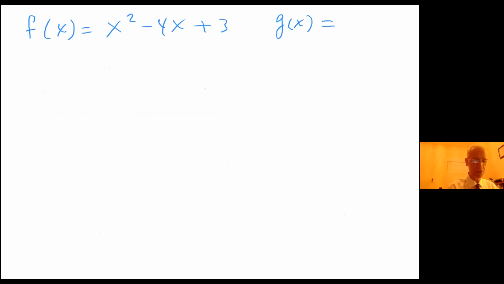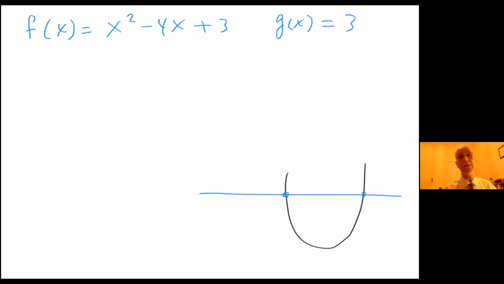Suppose this time f of x equals x squared minus 4x plus 3, and g of x equals just 3. So f of x is a parabola like this, and g of x is just a straight horizontal line like this. Notice that they are going to be intersecting at 2 points. Let's find what those 2 points are.